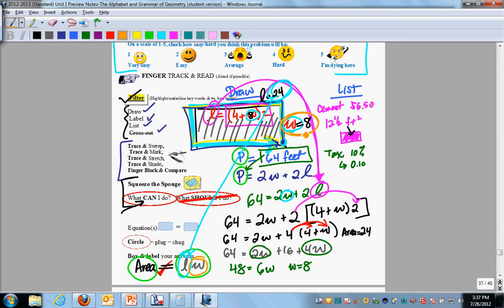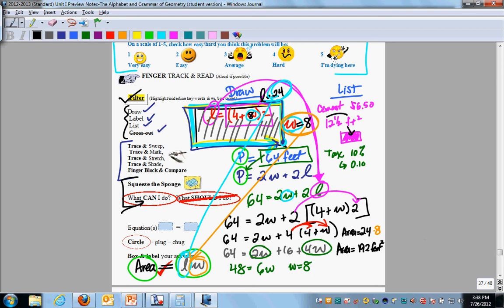That means circle it, draw an arrow, plug it in, times 8. 8 times 20 is 160, and 8 times 4 is 32, 160 plus 32 is 192. So the area is 192 feet squared.